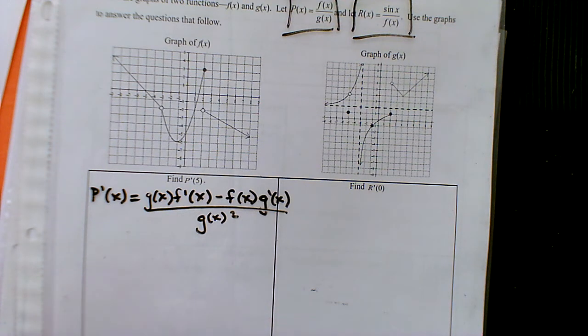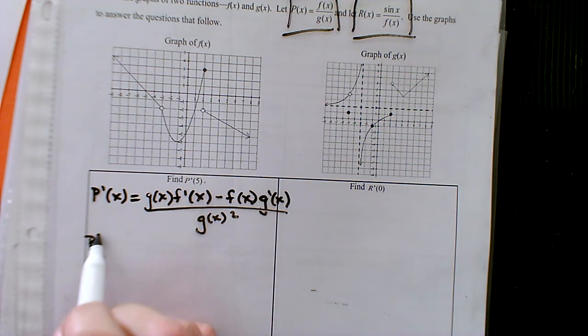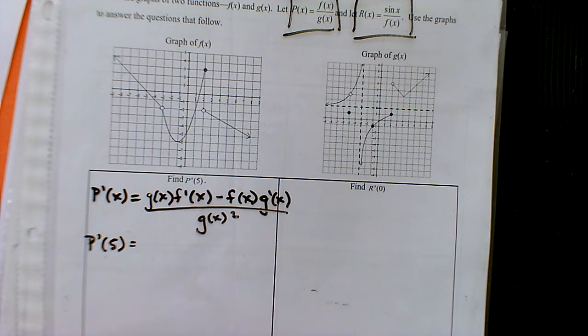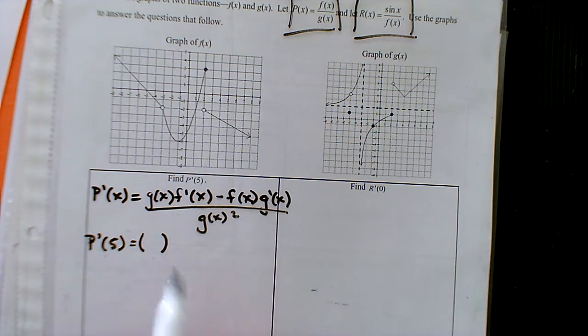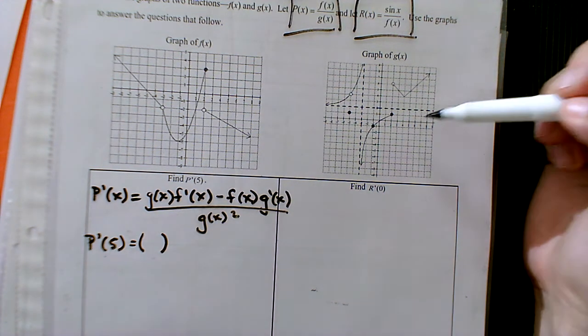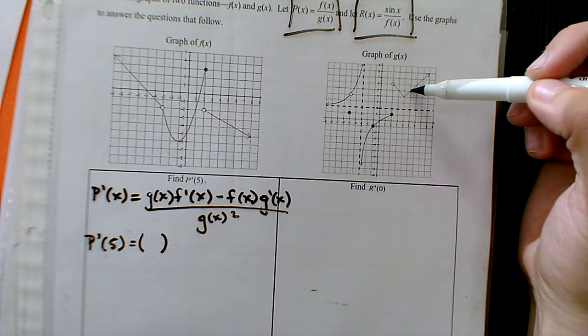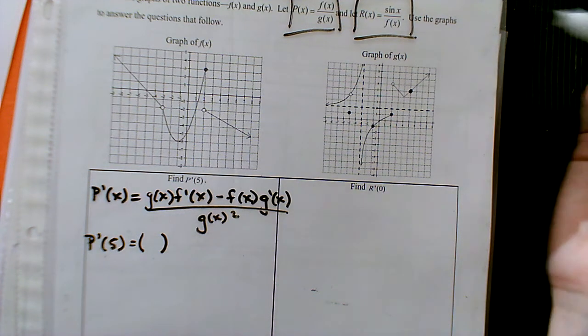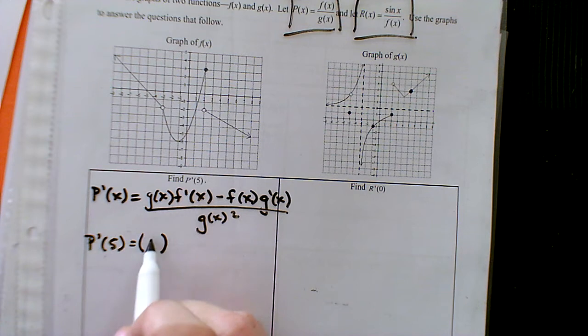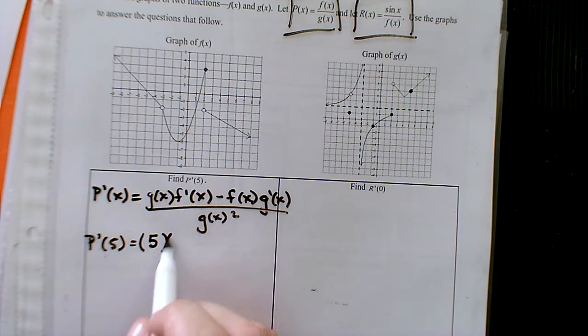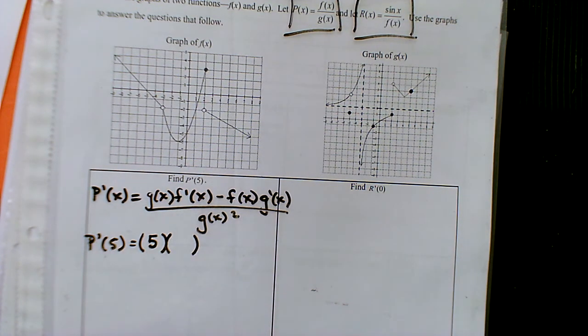So if this is our derivative using our quotient rule shortcut, let's plug in 5 to see what our slope value would be. So this is where the graphs are kind of going to help us out. What is g of 5? Can we find it? Is that 5? Okay, so there's that value, and then we need f prime of 5.